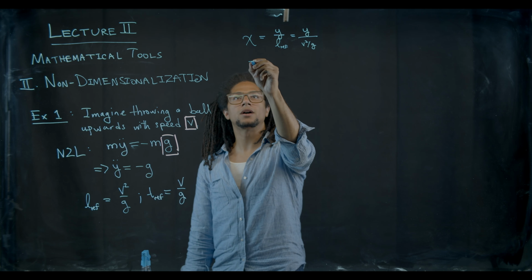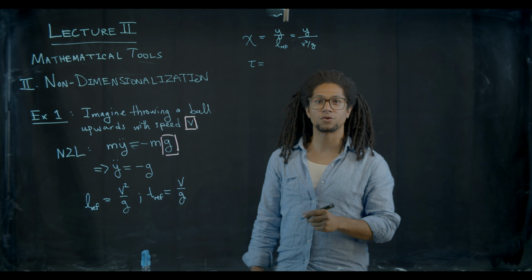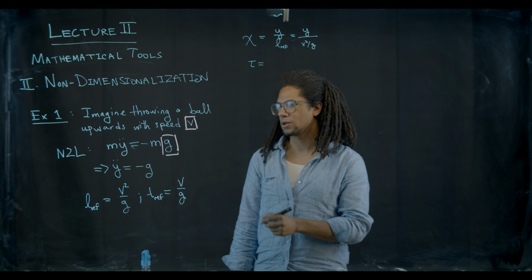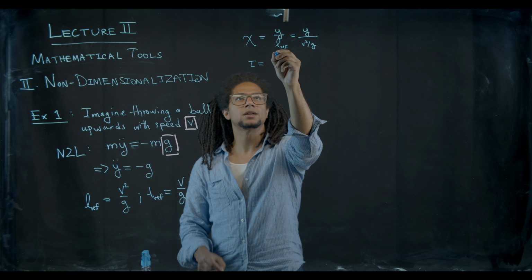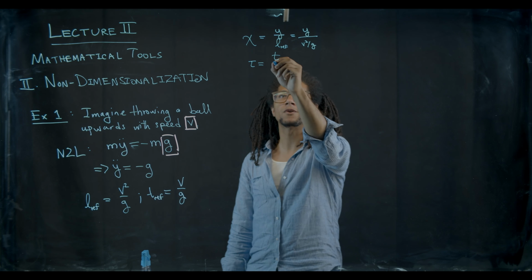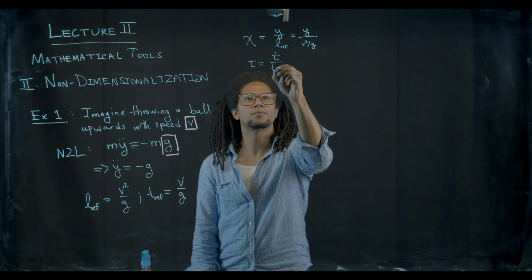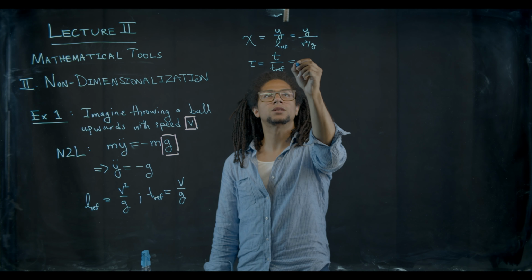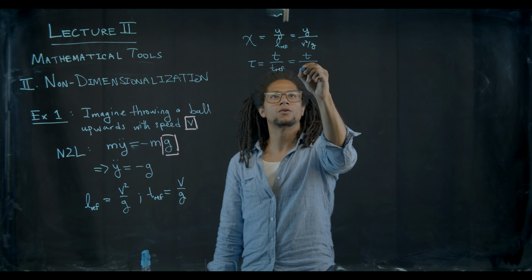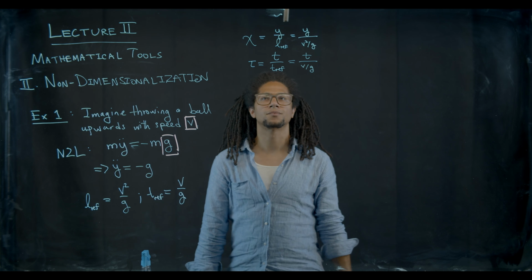Similarly, we need a non-dimensionalized version of time, which I'll call tau. Tau will just be t divided by whatever the reference quantity is that has the dimensions of time, namely t ref. So this is going to be t over v over g. Great.